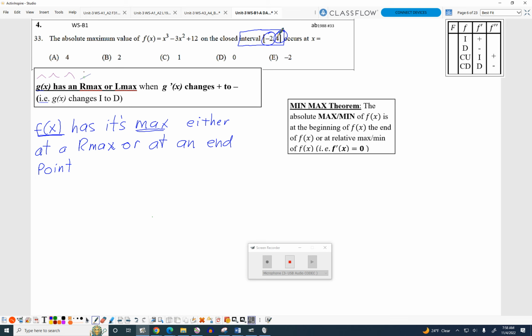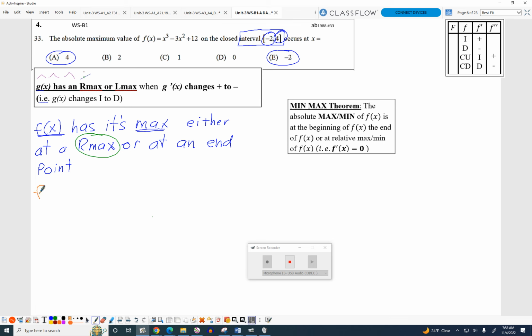So we know we could have the max at one of the two endpoints. So E could be the right answer, A could be the right answer. But we've also got to go looking to see if F has a relative max. So the sentence we want to write down and follow would be this one.